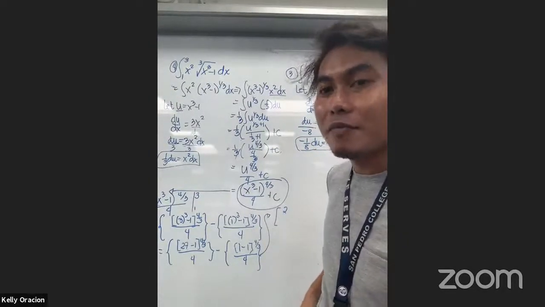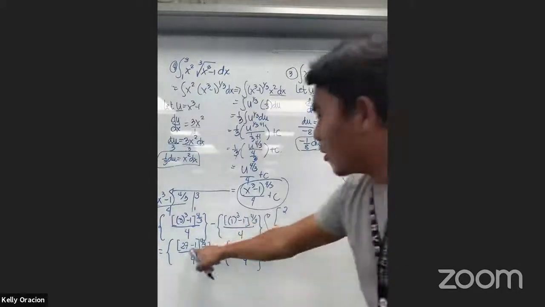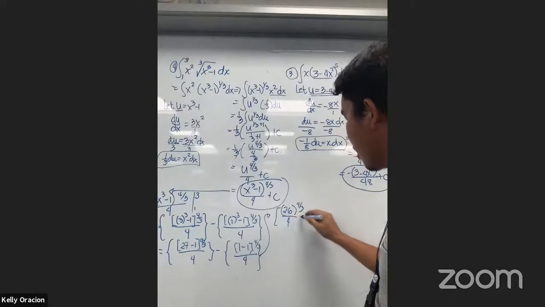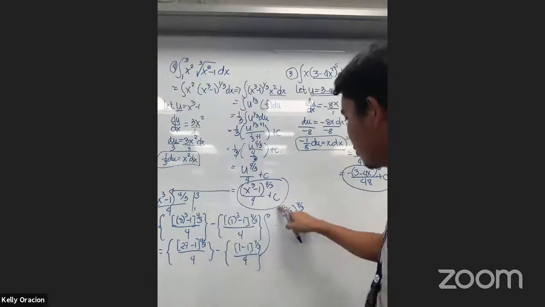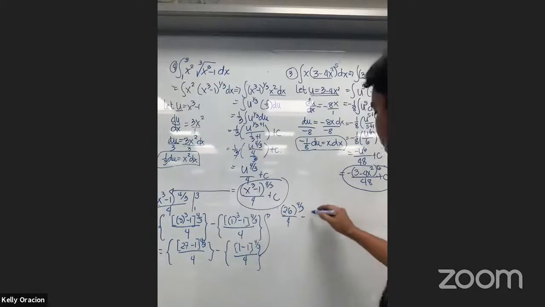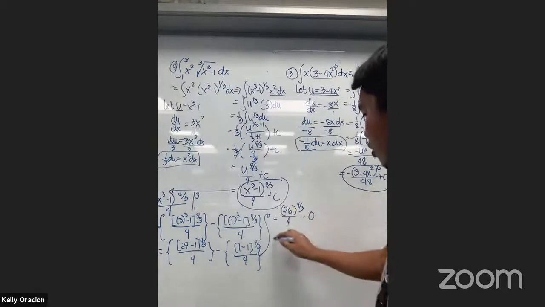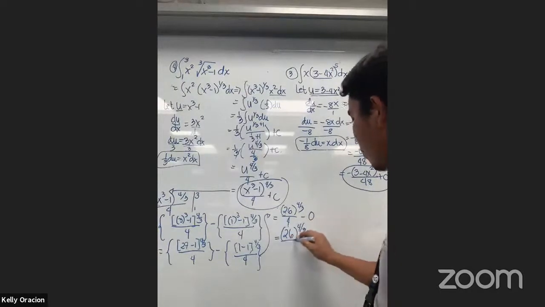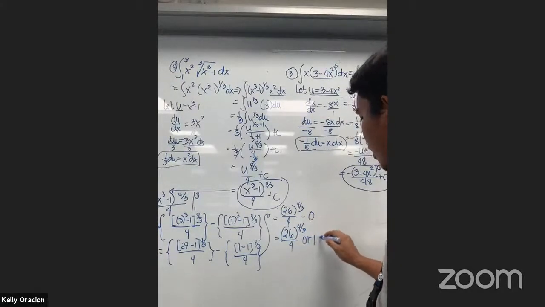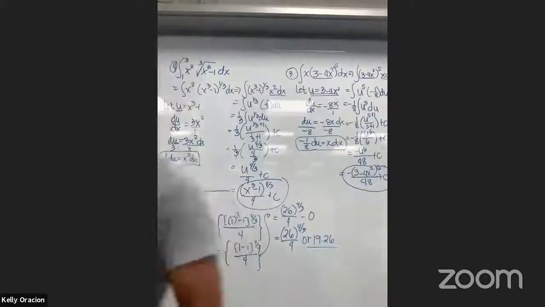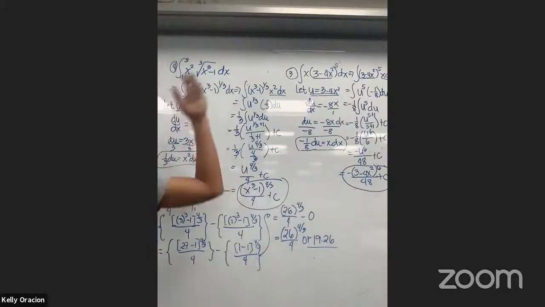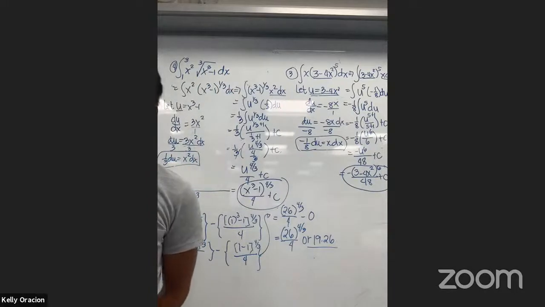So 26 to the 4 over 3, over 4, minus this, which is 0. So the final answer is 26 to the 4 over 3, over 4, or 19.26. Okay? That's the answer, 19.26. So this is the process of our example number 4.